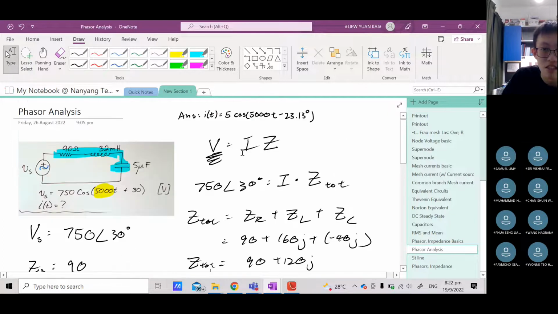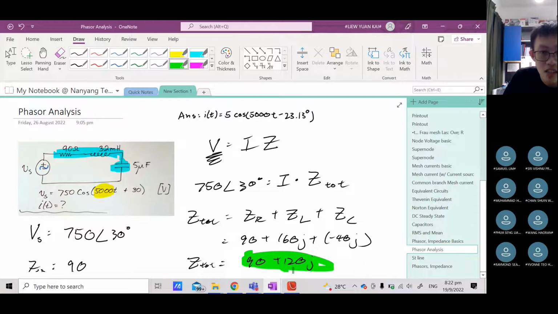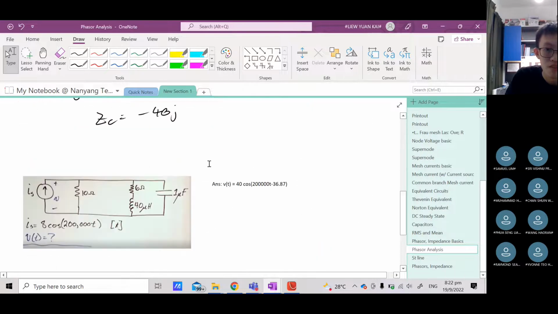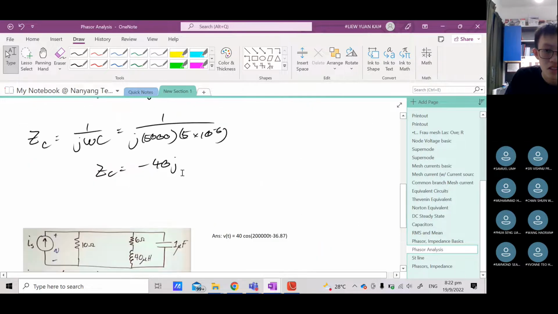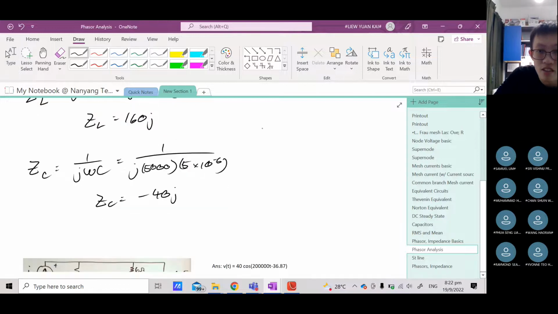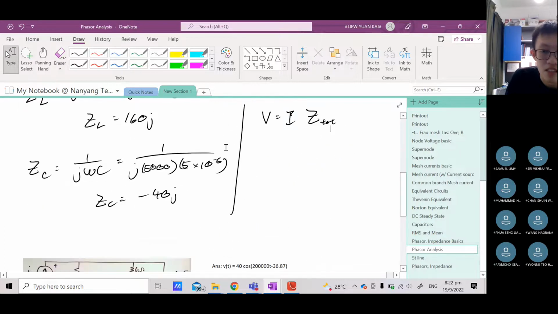Now we will substitute this into our formula. So let me rewrite this. So V equals to I Z total. This V is what we got just now, which is 750 at 30.